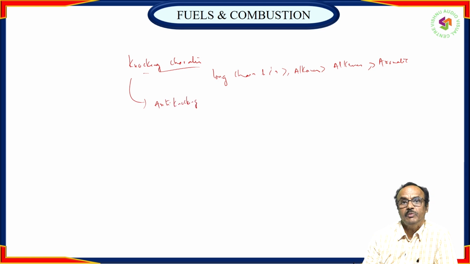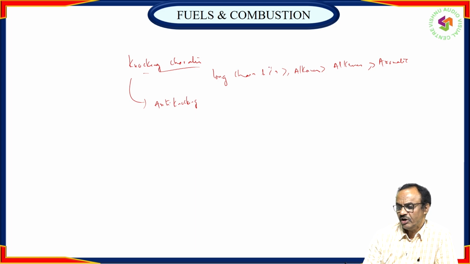Long chain hydrocarbons occupy a large volume and have more surface area, so they are not preferable, since petrol burns in a compressed state only. So the preferable hydrocarbons are branched hydrocarbons. If contaminated with long chain hydrocarbons, they produce an explosive sound called knocking.